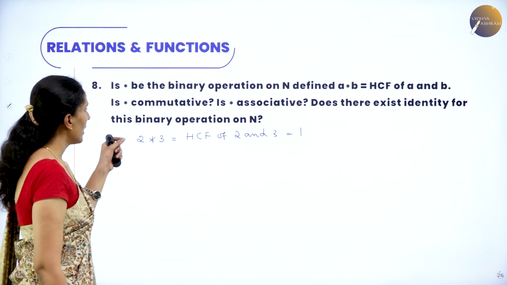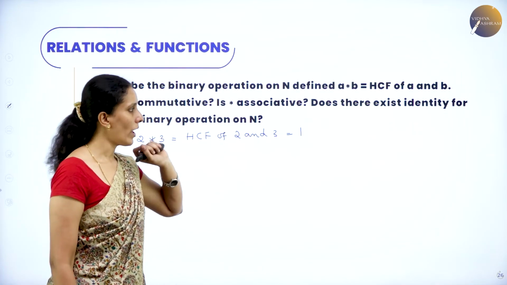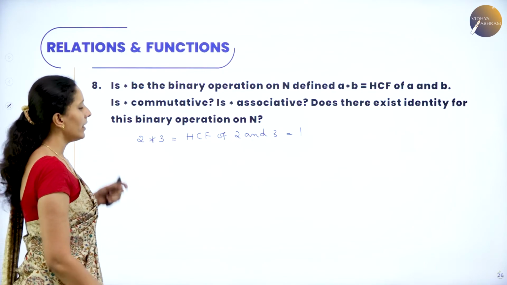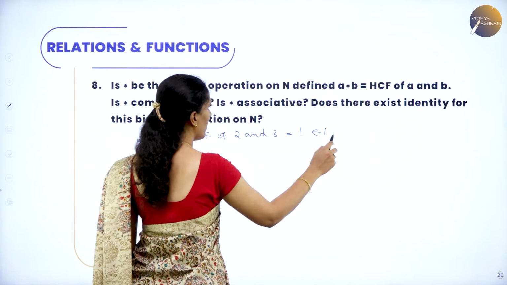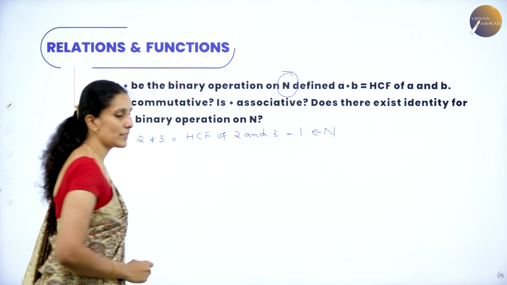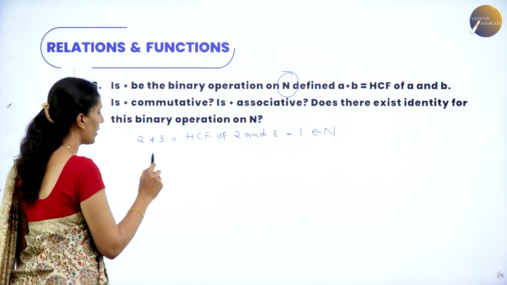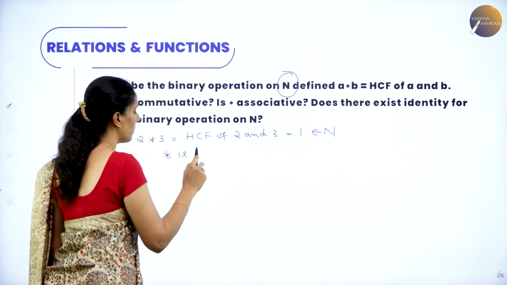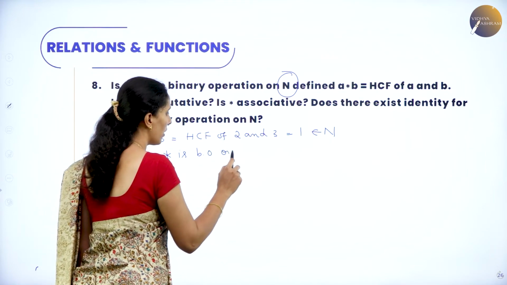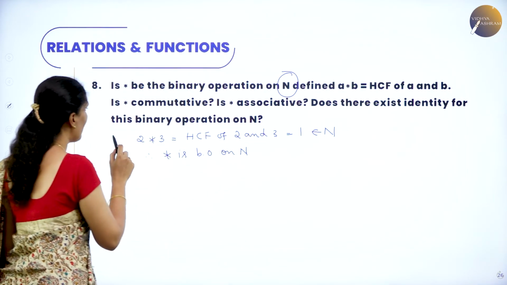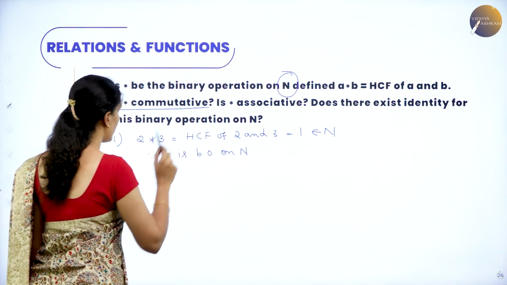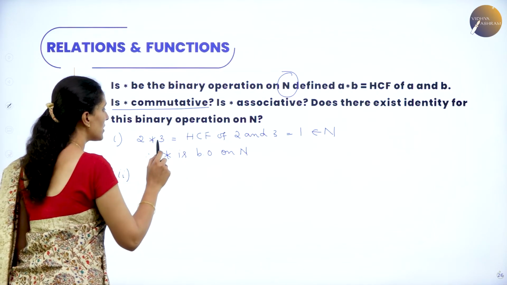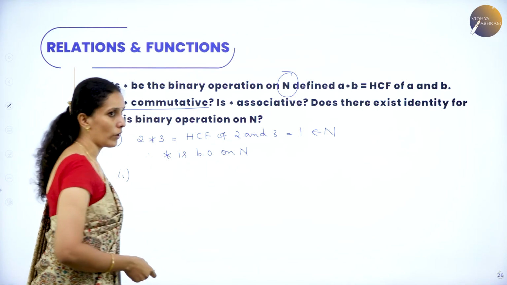So that means HCF of 2 and 3 is 1, which clearly belongs to the set of natural numbers. So this is completely defined on the set of natural numbers. So therefore I can write star is a binary operation on N. Second one, they have asked whether star is commutative. See here, 2 star 3 is nothing but HCF of 2 and 3.